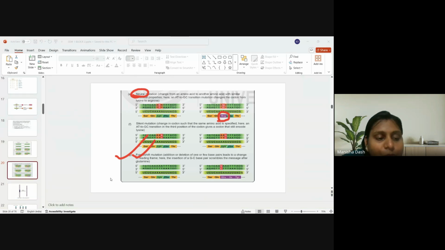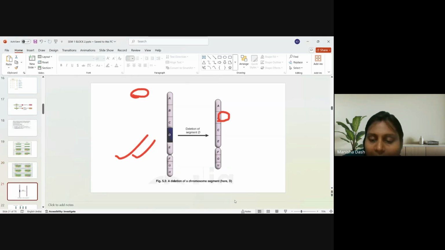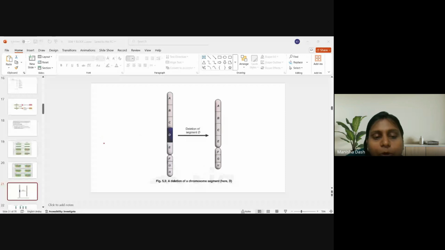Now coming to the chromosomal mutation, there are actually 4 broad categories of chromosomal mutation. First, deletion. As the name suggests, a part of the chromosome will be deleted. One example of deletion mutation in human beings is the deletion of the short arm of the fifth chromosome, because of which the individual will develop a mewing of a cat kind of sound.